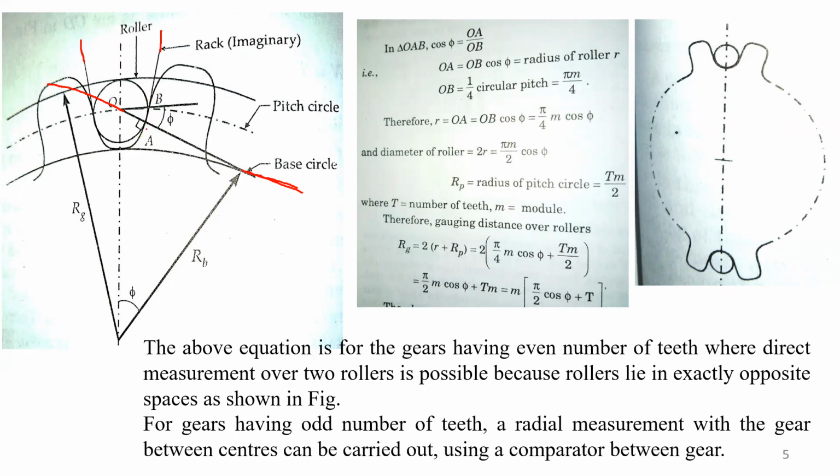So AB is a straight line which is part of the imaginary rack. As it is a line of action, the cylinder or roller is touching at points A and B, such that OA is perpendicular to AB, and this angle forms the pressure angle phi.